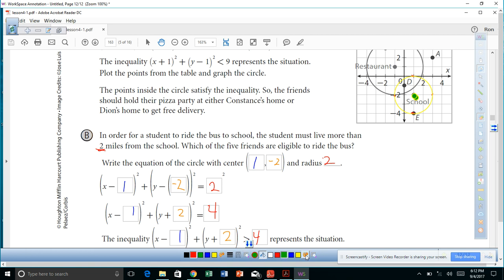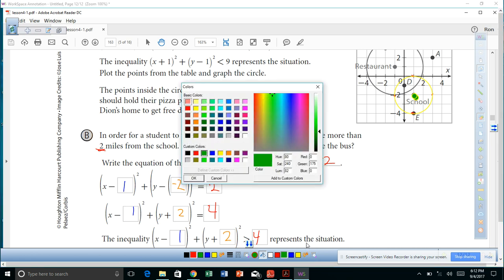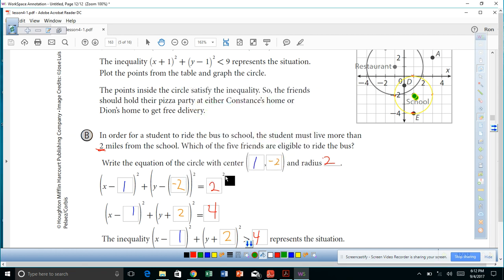Let's go over here and we'll hit color green. How about basic colors? That's gray. We don't want gray either. Cancel. So let's do this one here. There we go. Let's try that one in red.